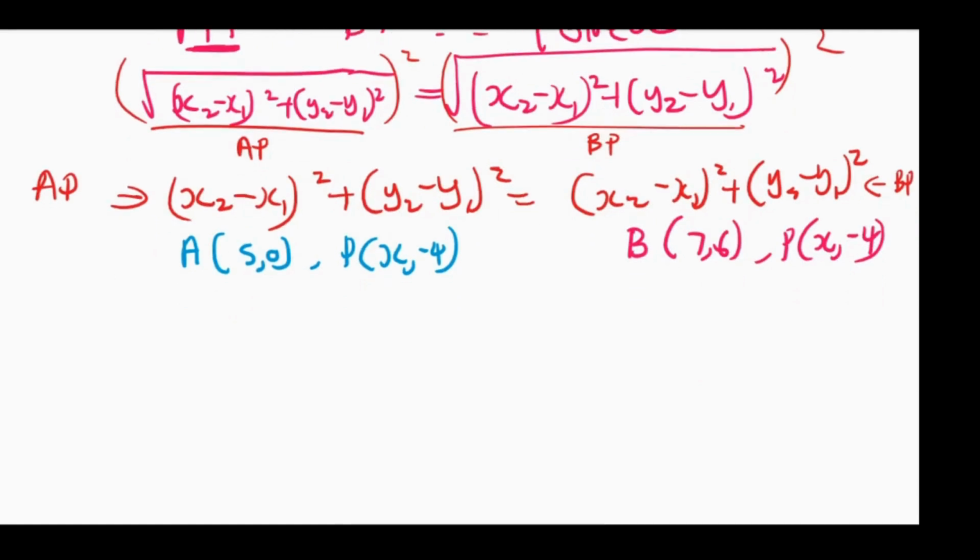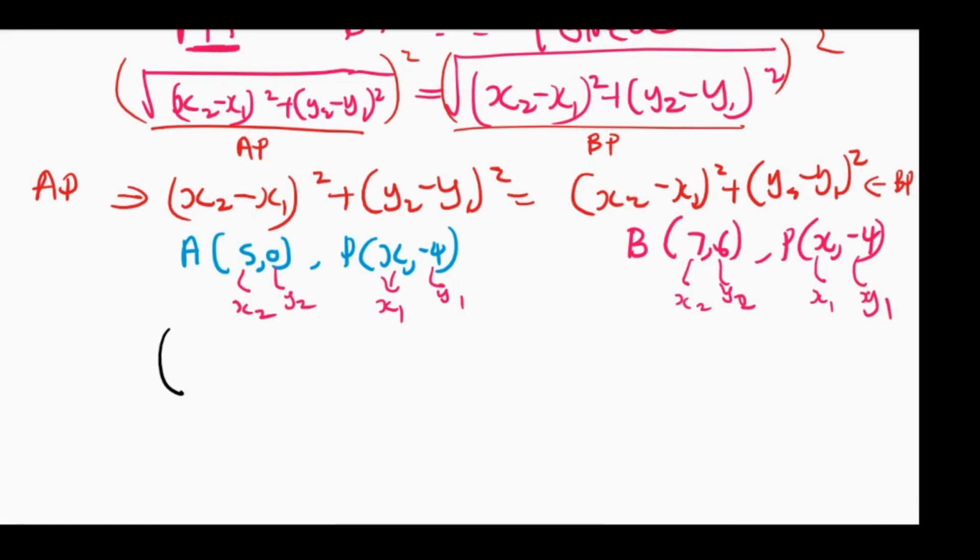So let's say this is actually our x2 and this is x1. So this would be our y2 and this would be our y1, right? Same goes here. This is x2, this is x1, and this is y2 right there. So we're going to substitute these values according to what I just did.